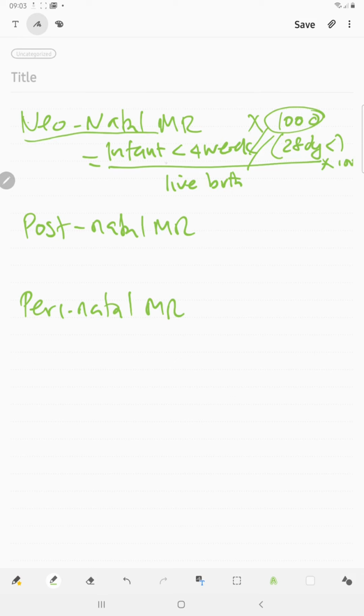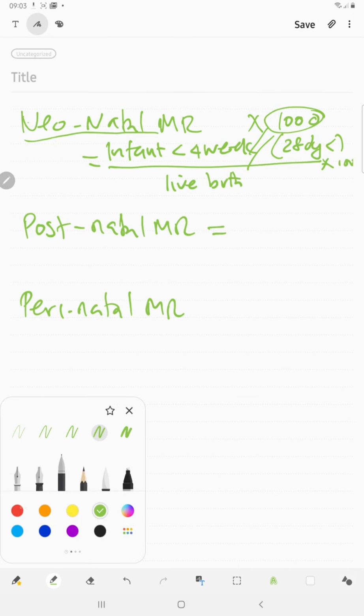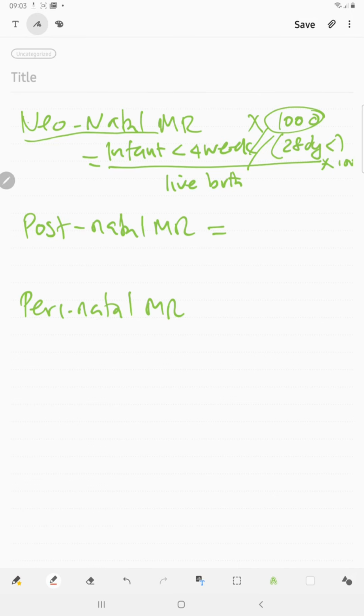So any death of a child less than 4 weeks is called a neonatal death, whereas on the other side we have the other mortality, which is called the postnatal. Here you look at the infant age from exactly 4 weeks to less than 1 year.